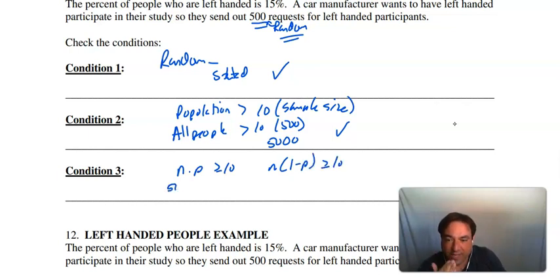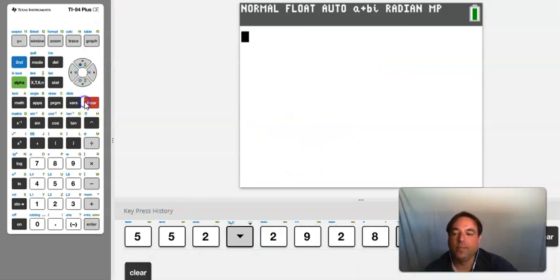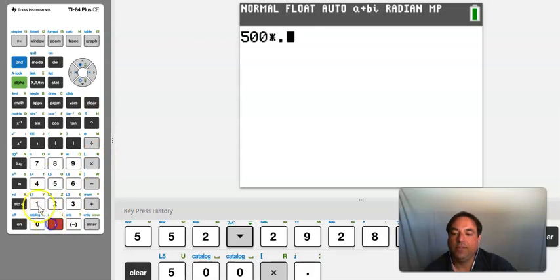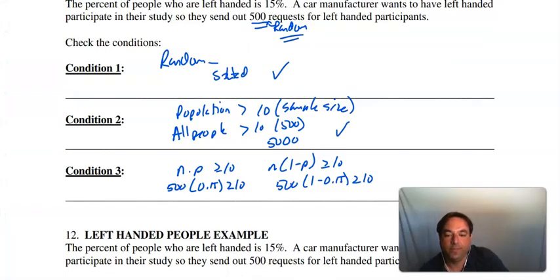So n is 500, p is 0.15, and then n, 500 times 1 minus 0.15. If we put that in the calculator, 500 times 0.15 gives you 75.